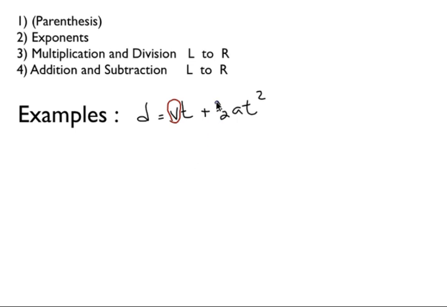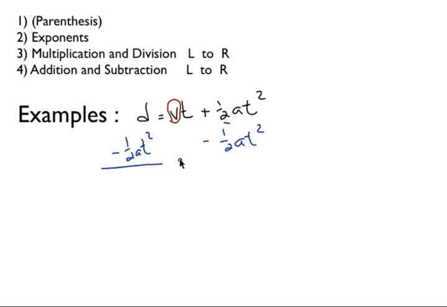Here, we're going to take this whole side, all of this, which is added to the vt. So we're starting at the bottom. We're going to take this whole thing and do the opposite operation. It's added, so I'm going to subtract it from both sides: 1/2 at squared from this side, minus 1/2 at squared from that side.